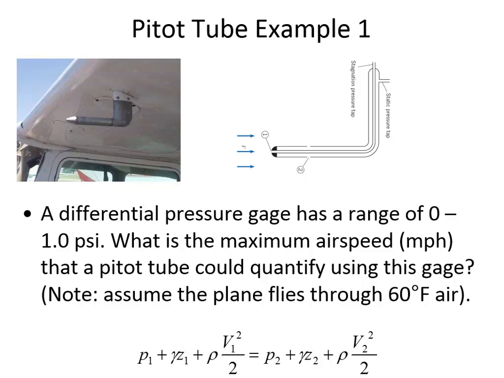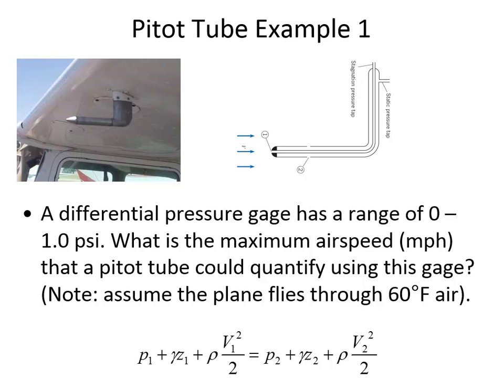We've got P1 plus gamma Z1, and since Z1 is equal to Z2, we cancel out the Z terms, plus the density V1 squared divided by 2, equals P2 plus gamma Z2 plus the density V2 squared divided by 2. We also cancel out the V1 term because the velocity was 0 at the opening of the pitot tube.